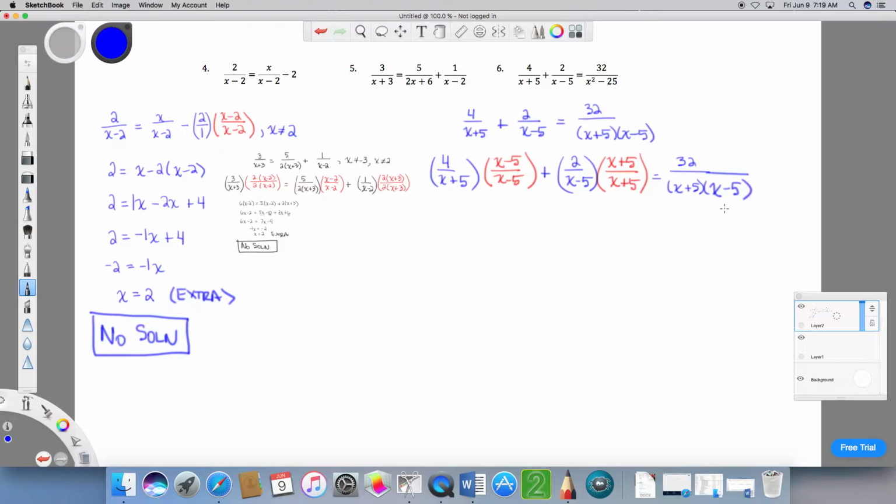So if we multiply both sides of this equation by this common denominator, we've cleared our fractions, and we have 4 times x minus 5 plus 2 times x plus 5, and that's equal to 32.